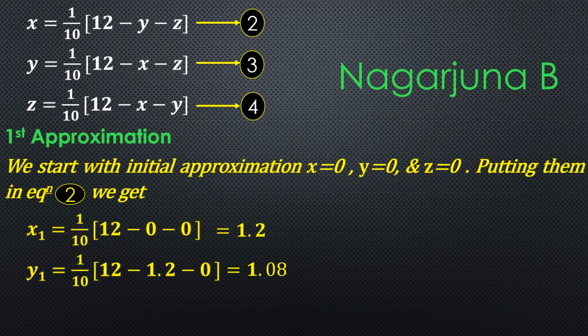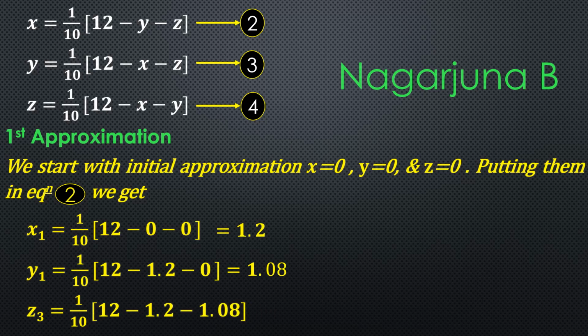Next, we need to find the value of z. For that, we need to consider equation number 4. In equation number 4, we have to substitute the value of x and y. The x value you have to substitute as 1.2, and the y value as 1.08, which we have got for the first approximation x1 and y1. So therefore we can write z1 is equal to 1 divided by 10 into 12 minus x is 1.2 minus y is 1.08.